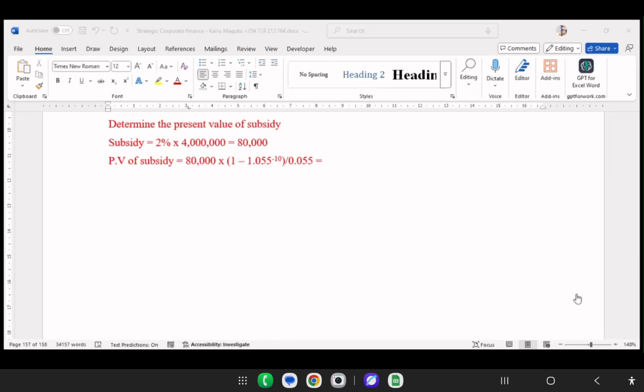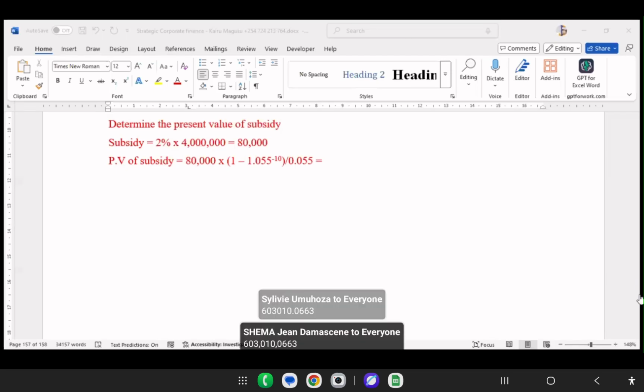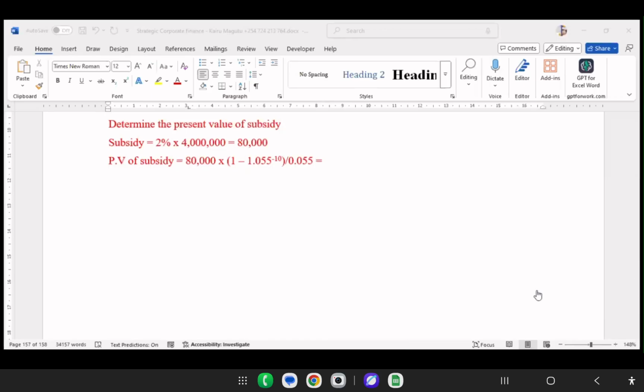I have said multiple times that the subsidy is guaranteed, so it is risk-free. As long as there is debt and tax, the interest tax shield is guaranteed, so it is risk-free. It doesn't have any element of risk.